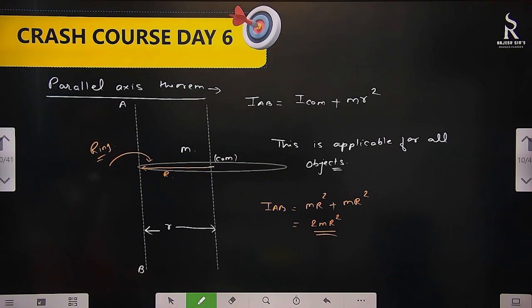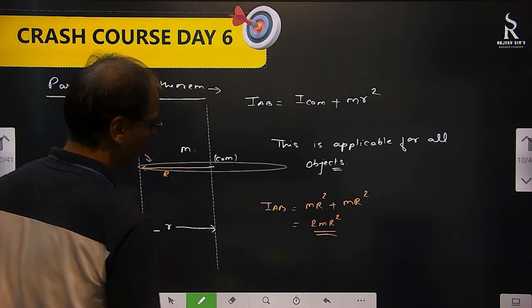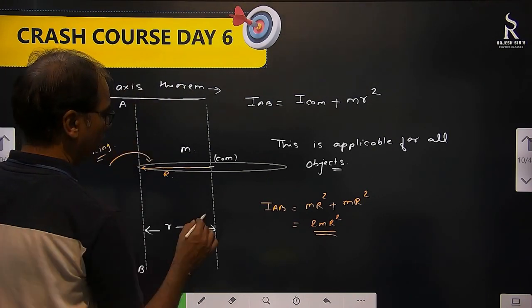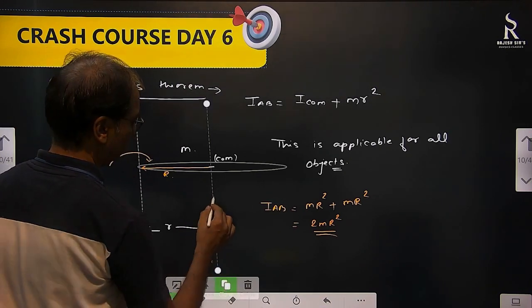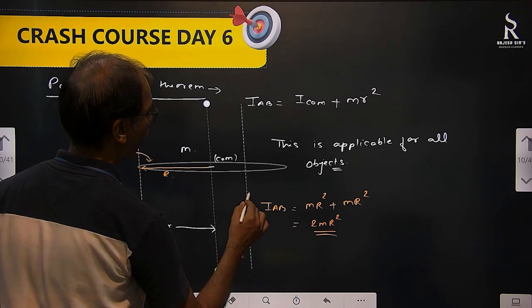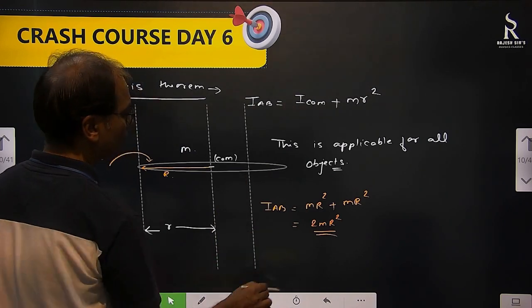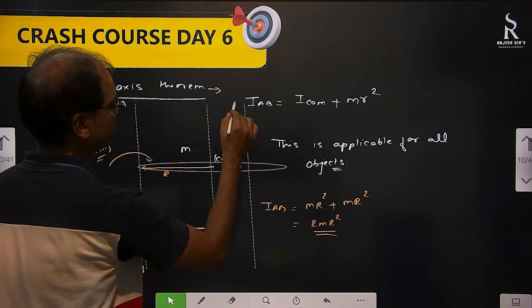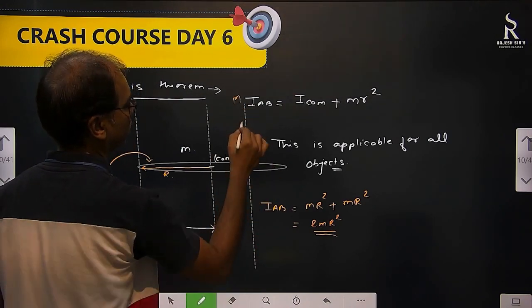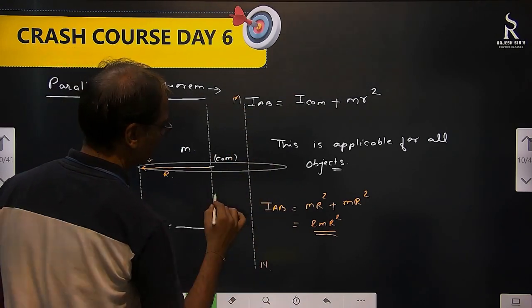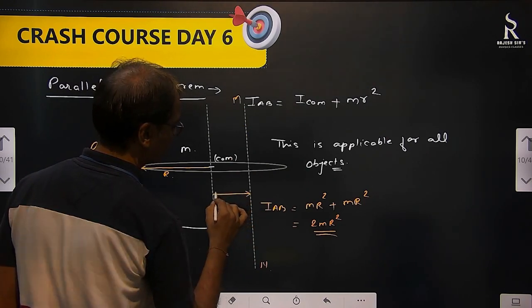Now suppose one more axis we make here, somewhere here, and let's say this axis is Mn, and this distance is r by 2.